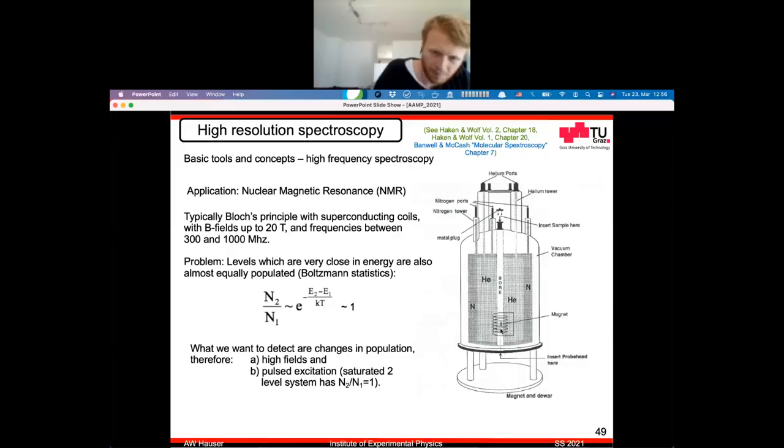As you can see in this equation, you have e to the minus the energy difference over k Boltzmann and temperature, right? And so you want this term in the exponent to be as large as possible. So you want to have a very big change in energies E2 and E1, and also low temperature, because then in the best case scenario you will have almost all the atoms in this ground state.